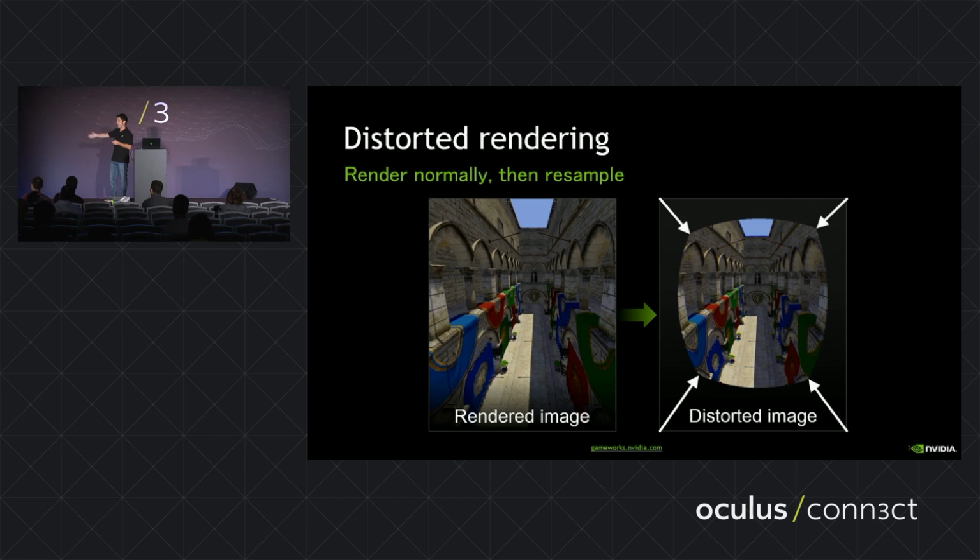And then there's a complex post-processing shader that gets applied to distort it in a way that accounts for the distortion that's going to be applied by the optics, right? So there's this post-pass that does this distortion, and then that's actually what ends up getting displayed and then warped by the optics.